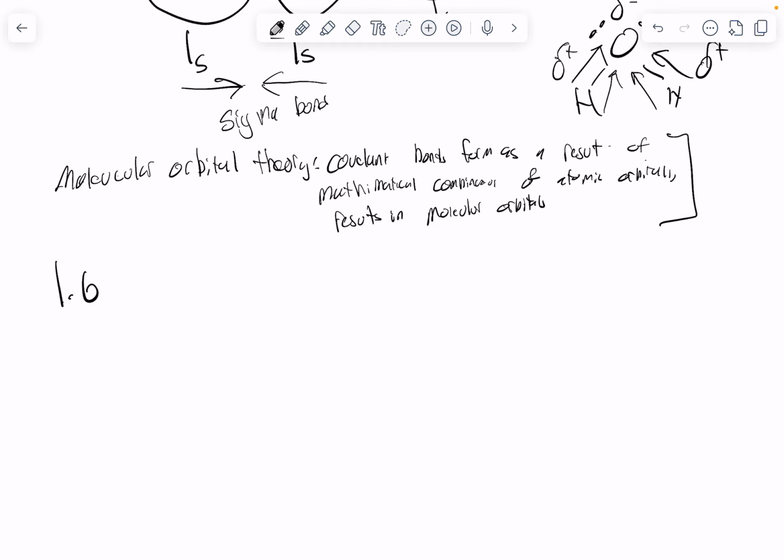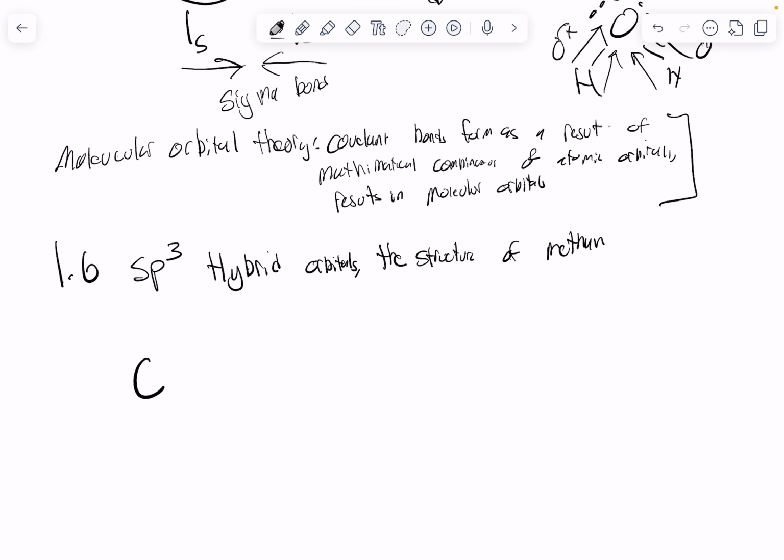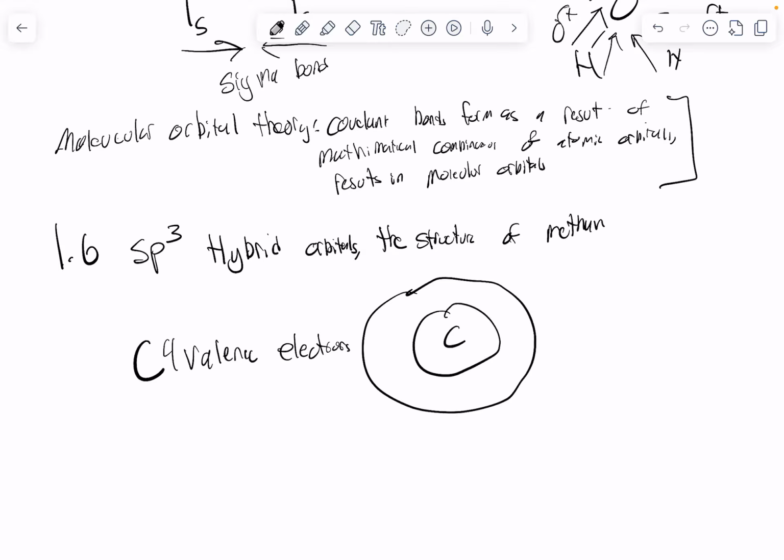So 1.6 is talking about hybridization, specifically sp3 hybrid orbitals, and specifically the structure of methane. Okay, so let's go back to carbon. So carbon, we know, has 4 valence electrons. So let's think about the electron configuration.